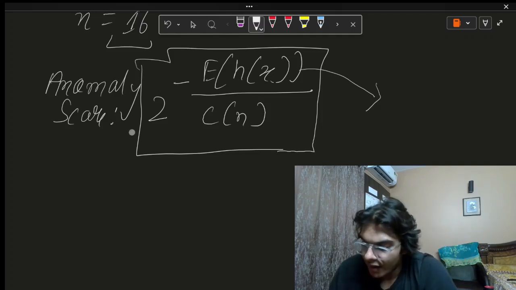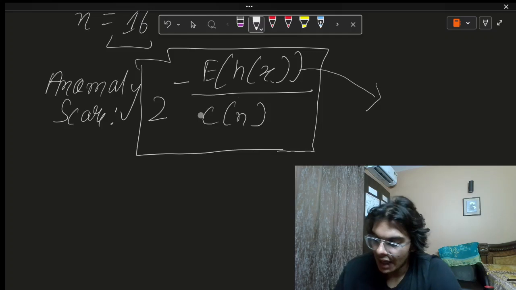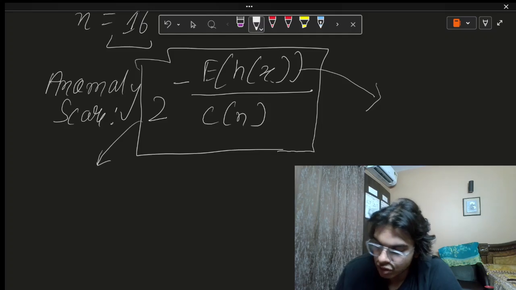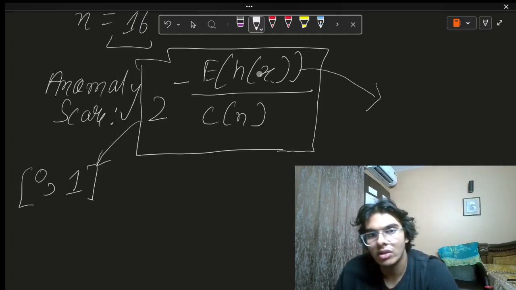Why are we doing this 2 to the power of this? This is very simple. Having these values in the power of 2 to the power of something basically reduces the anomaly score to between 0 and 1. Any value you give to this numerator E of h(x) and this denominator C(n), whatever you calculate, the value will lie between 0 and 1.